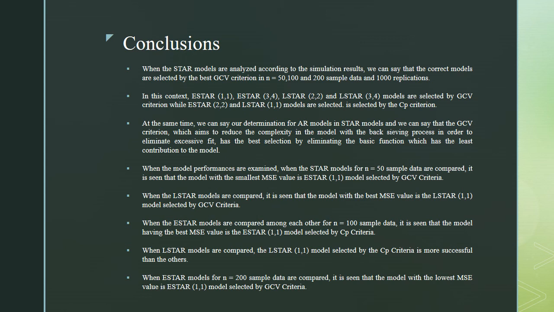When Le-star models are compared, the Le-11 model selected by the CP criteria is more successful than the others. When A-star models for 200 sample data are compared, it is seen that the model with the lowest mean square error value is the A*11 model selected by generalized cross-validation criteria.